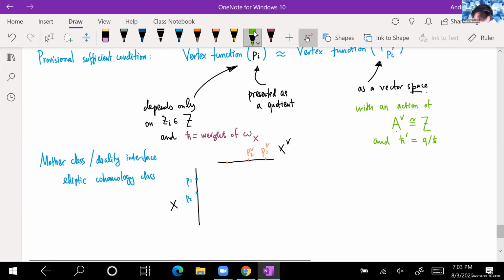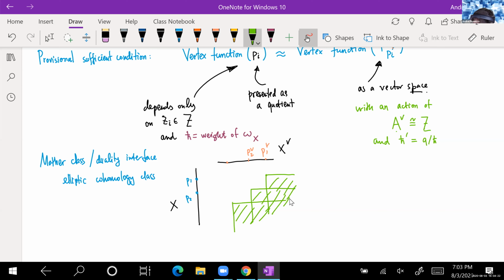What we would like is a map which sits on the union of attracting manifolds of these guys. This is the union of attracting manifolds of P_i check. Something like that.